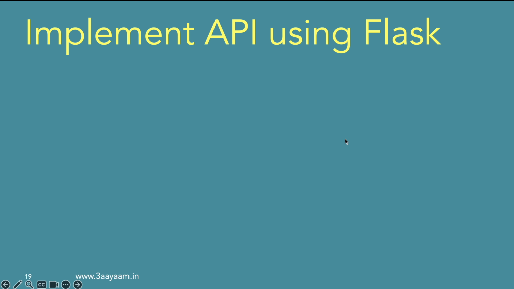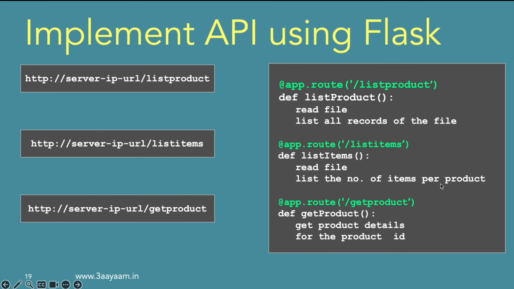This was just one API that I had shown you. In a single Python program, you can implement multiple APIs also. So let's say this is the Python program and I have three different functions. One is list product, the other one is list items, and the other one is get product. What list product does, it reads a file and lists all the records of that file.